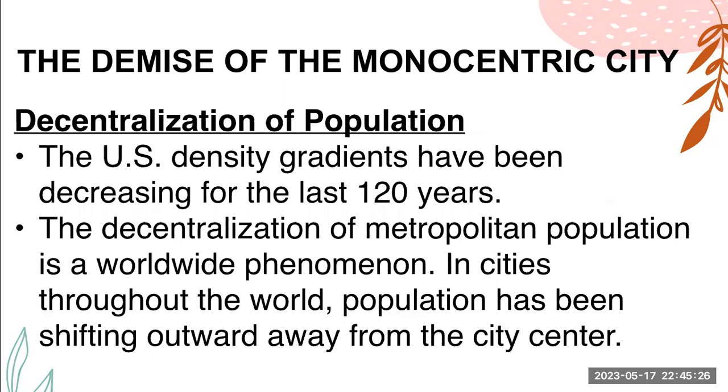The next one is the decentralization of population. This one also led to the demise of the monocentric city. The population density gradient, which we already defined a while back as the rate at which population density decreases with distance, can be used to document the suburbanization of population.